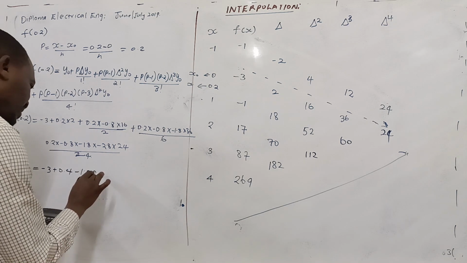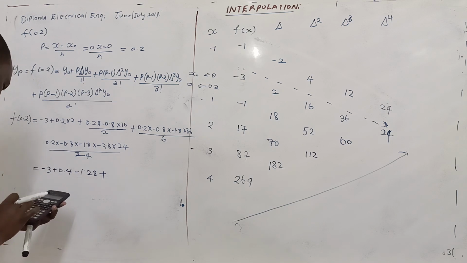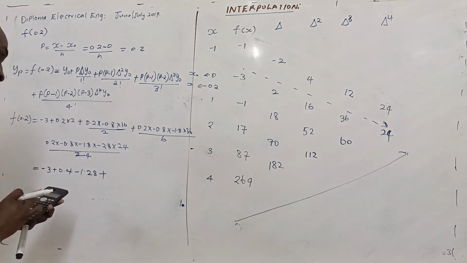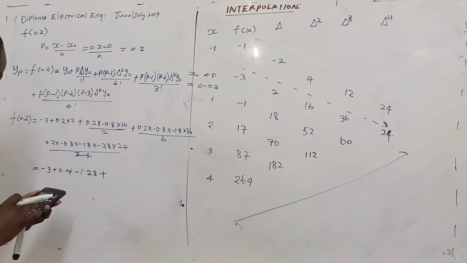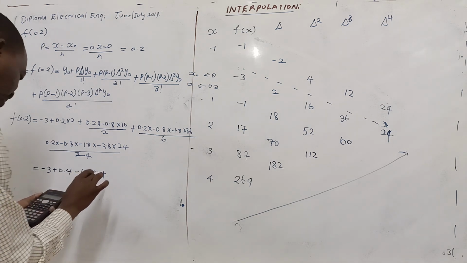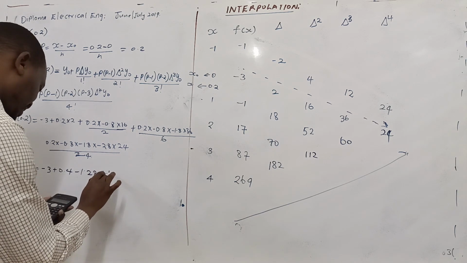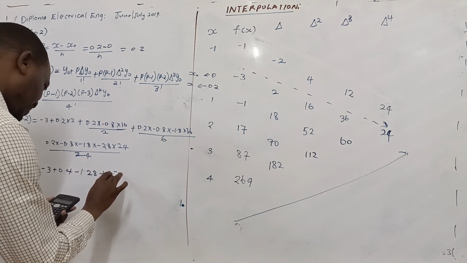Then the next one is 0.2 times negative 0.8 times negative 1.8 times 36 divided by 6, which is 1.728.